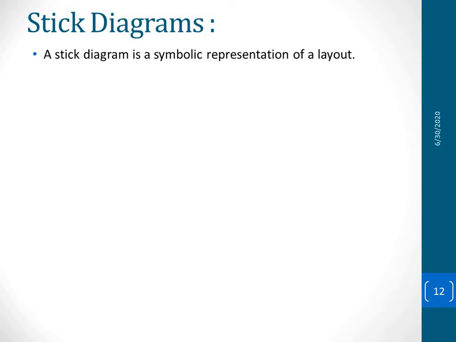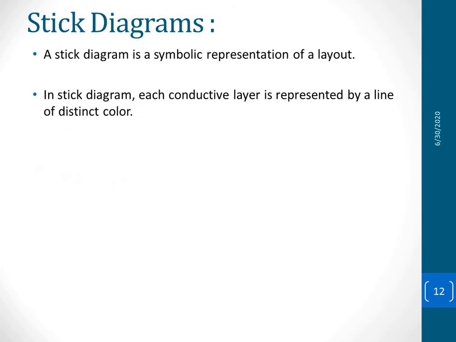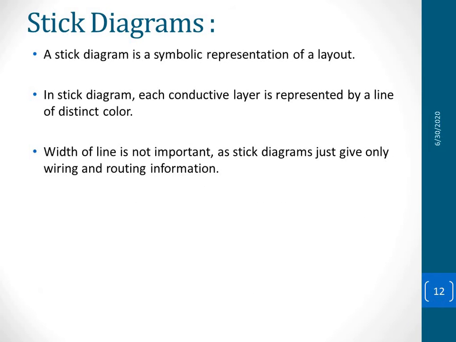What are stick diagrams? A stick diagram is a symbolic representation of a layout. In a stick diagram, each conductive layer is represented by a line of distinct color, like the colors which I have shown you in the previous slide.